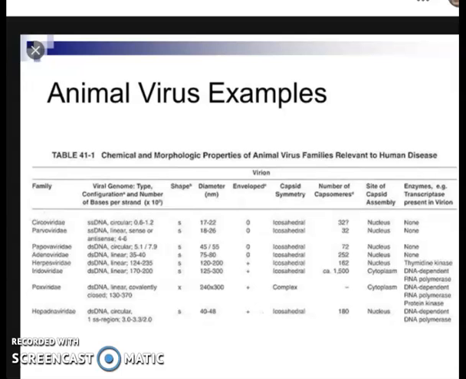Animal virus. Animal viruses are viruses that infect animals. Viruses infect all cellular life, and viruses infect every animal, plant, fungus, and protist. Examples include rabies, yellow fever, etc.